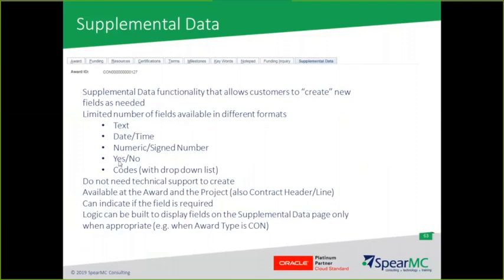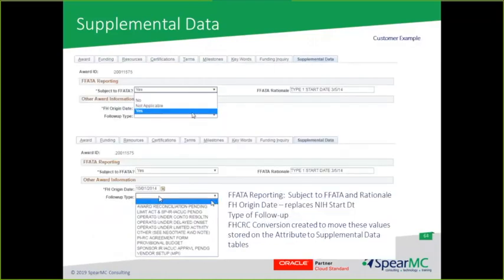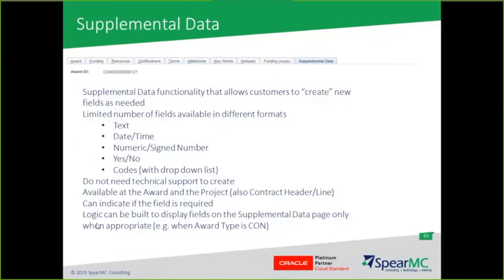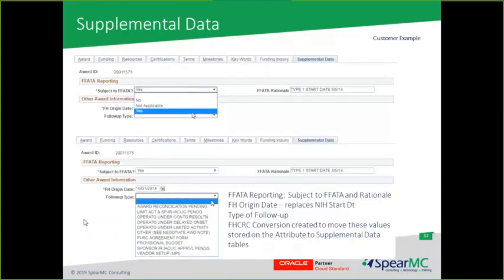Is it a yes/no checkbox, or specific drop-down values that you define? It's very easy to configure these, doesn't involve much technical support, and you can have some logic built into it that says only display it when, for example, the award type begins with CON. So there's also some additional logic you can build into when it needs to be populated or displayed.